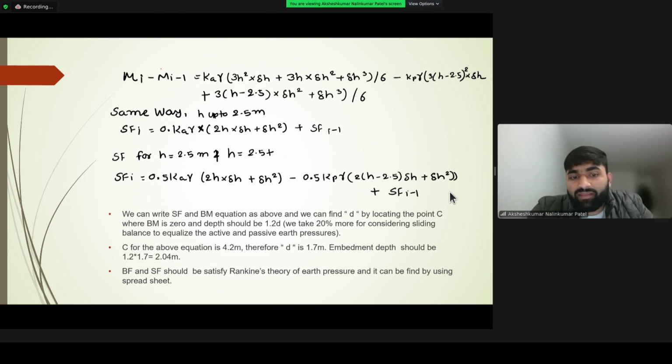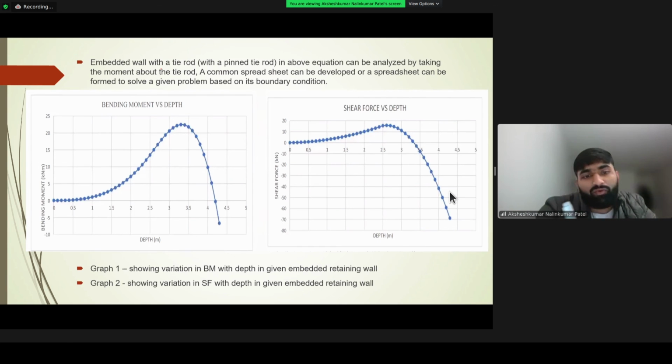We can also find the bending moment and shear force by using a spreadsheet. Here I am showing the variation of bending moment and shear force with depth.